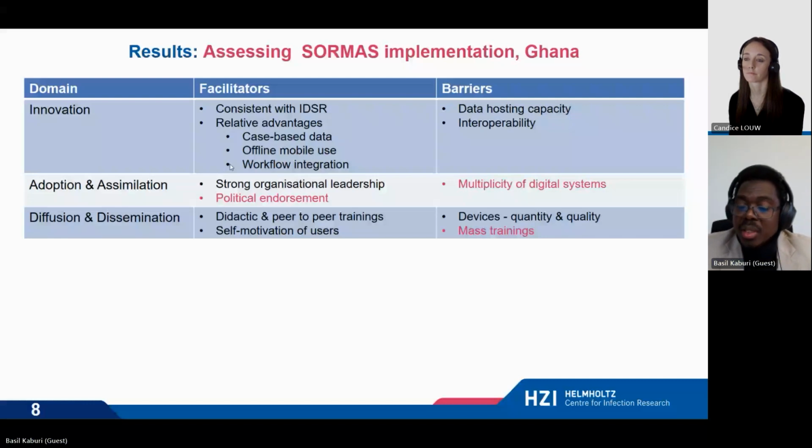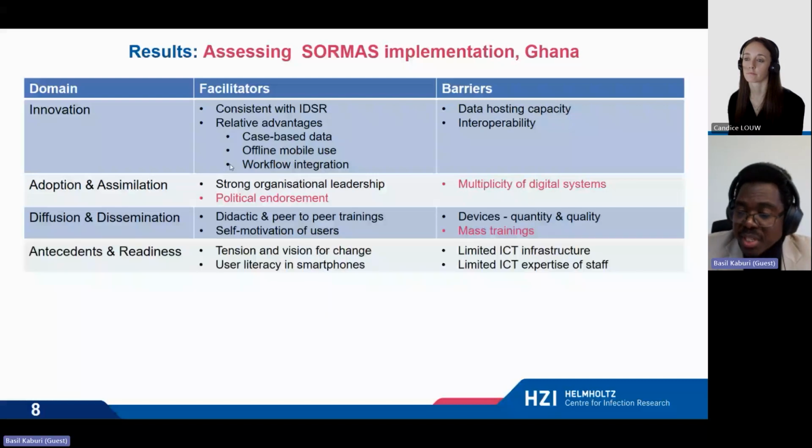Then the model of evaluation also looked at the system itself that is adapting the tool, and this is Ghana Health Service adapting SORMAS. The vision of the Ghana Health Service to transform surveillance and outbreak response using the digital innovations that are coming up was one that met with the timeliness of the introduction of SORMAS.